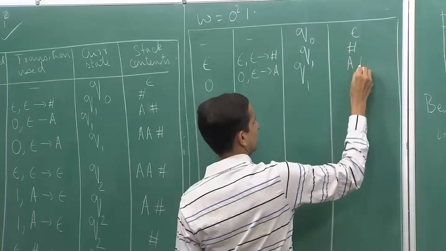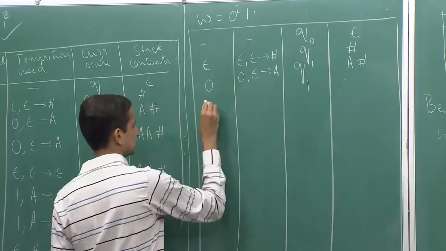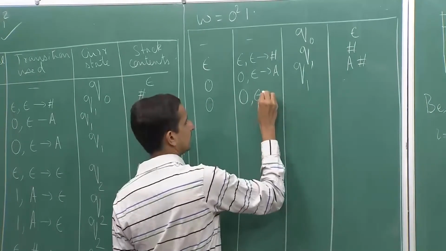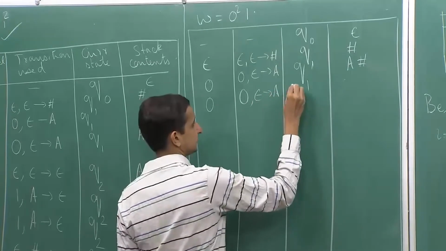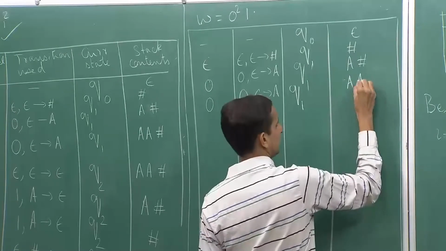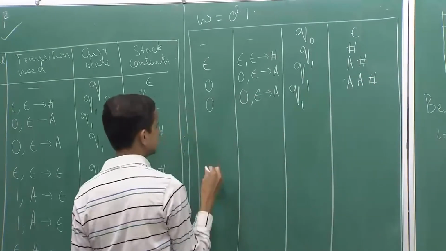I stay at Q1 and the stack is A hash. Again I read 0, again I use this transition and the stack becomes A A hash.